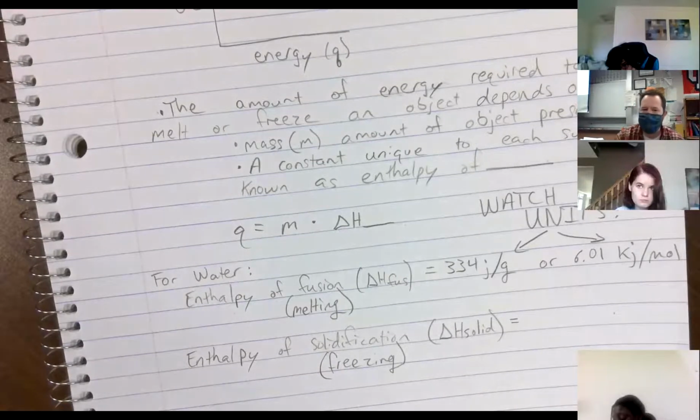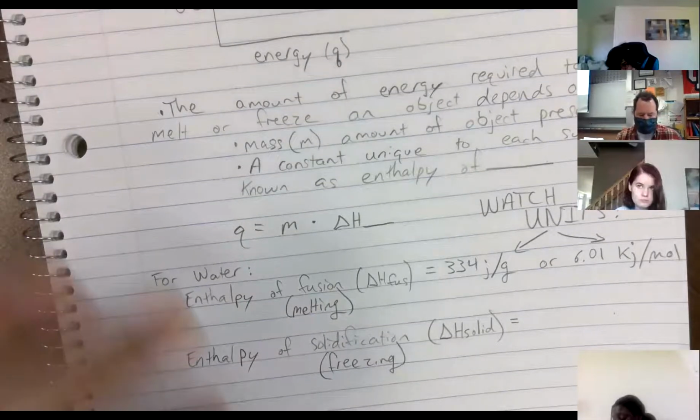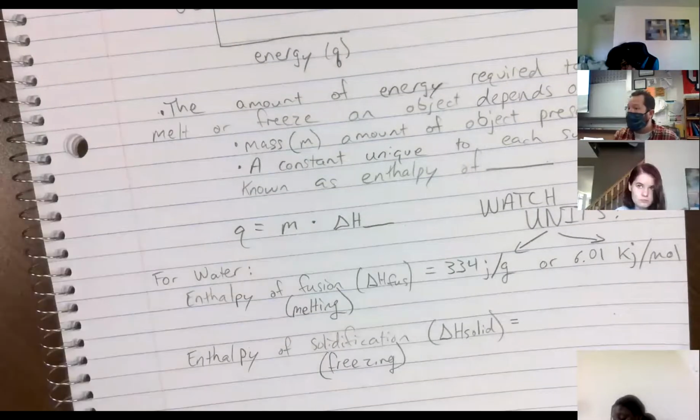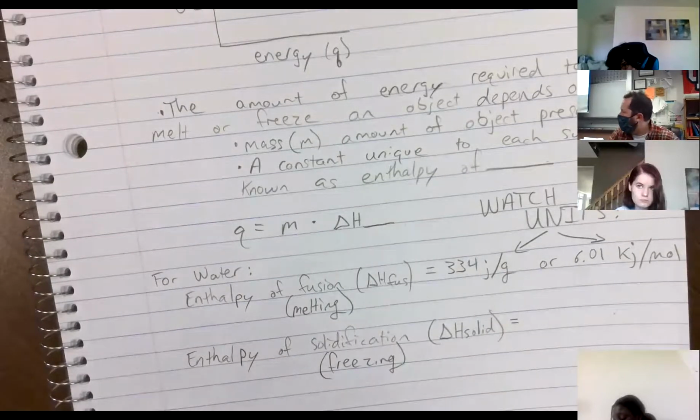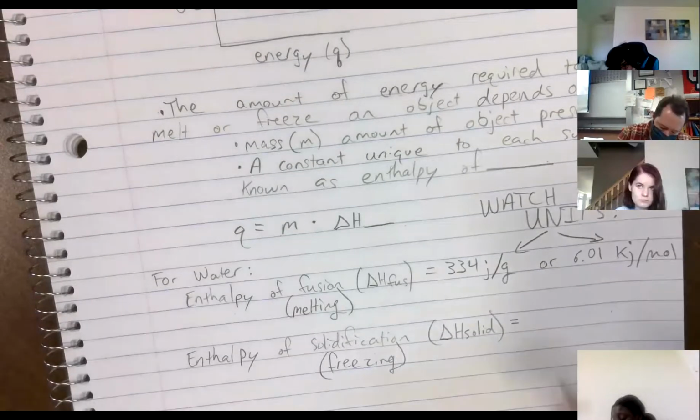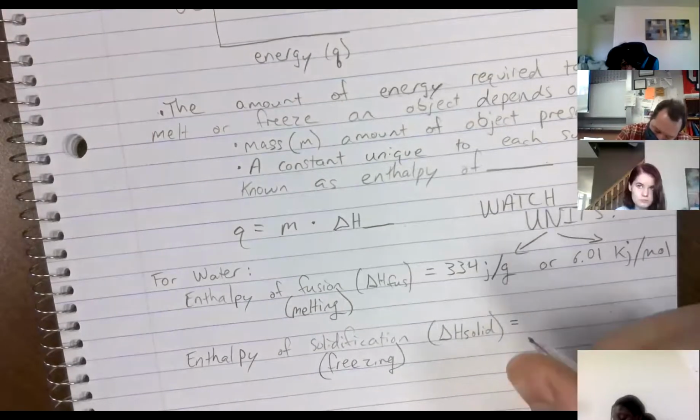And these values for water, again, keep that in mind. This is only for water. On your homework, when you work with aluminum, I think they give you the delta H solid for aluminum. So you have it there. So the values I'm giving you are only specifically for water. These should look really familiar.